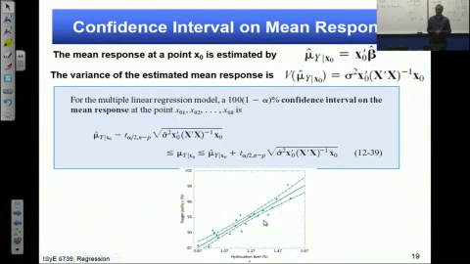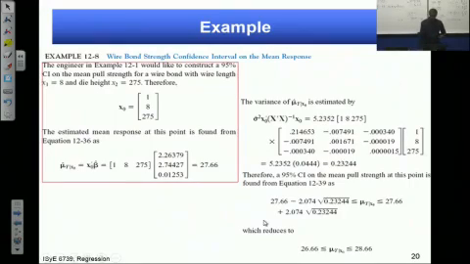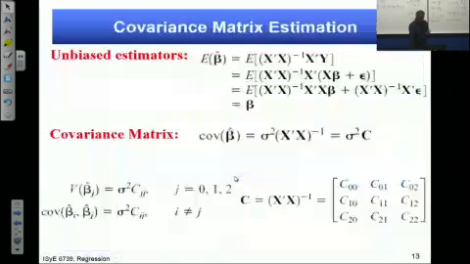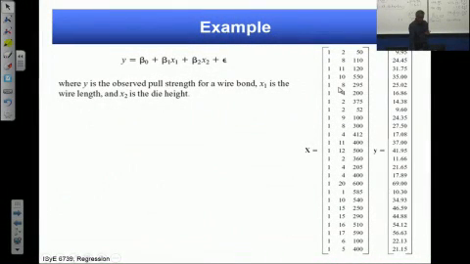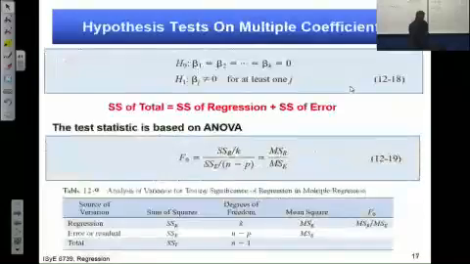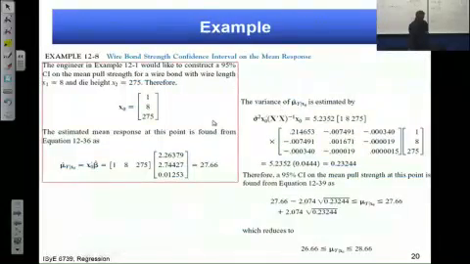Any other questions? Okay. So here is one example. Here is the data that we have. If I go back very quickly, this is the data that we have, and we want to find the confidence interval for one of those x's, which is 1, 8, 275. One of those x's.